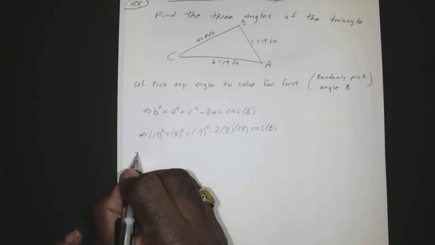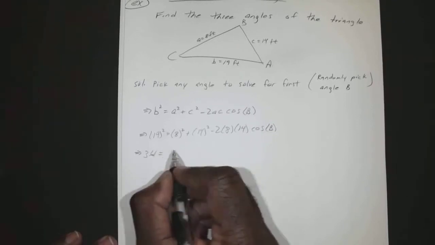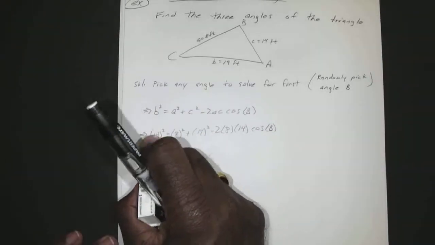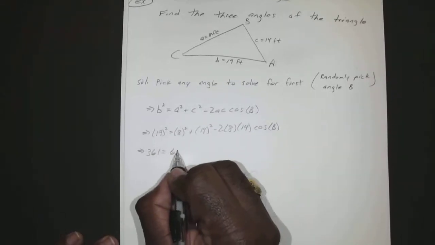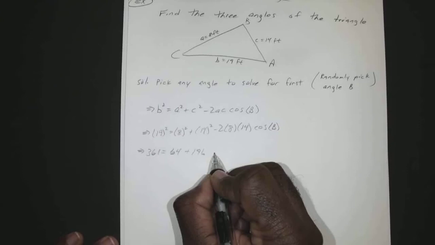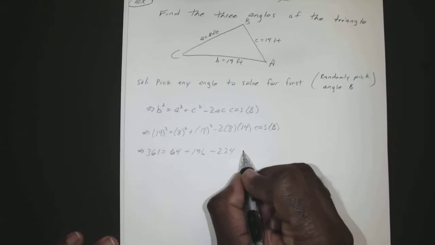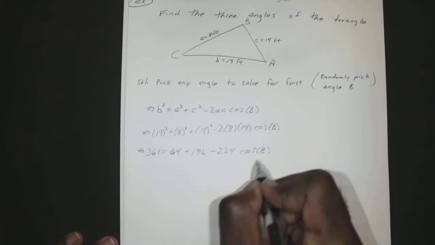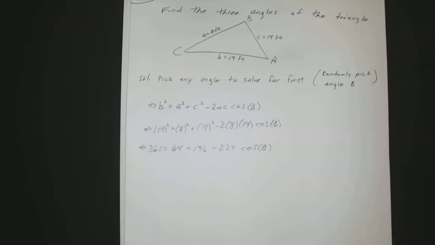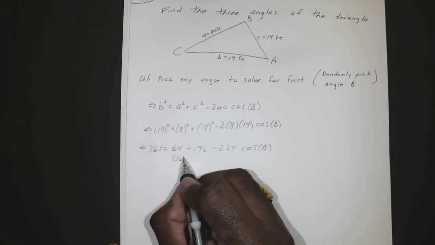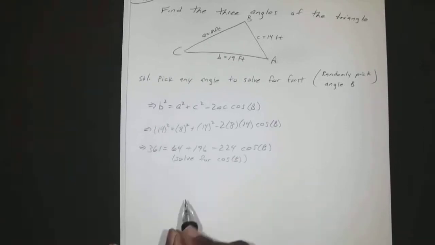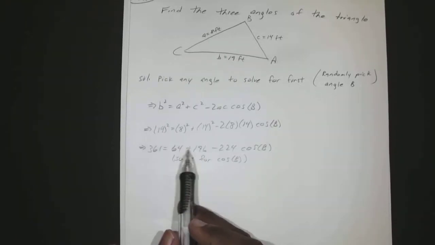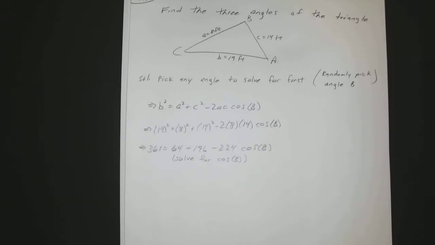Okay, so that gives us 361 equals, clean that up some, 64 plus 196 minus 224 times cosine of B. And here we just solve for cosine of B. We combine our like terms, and then we subtract, and then we divide.